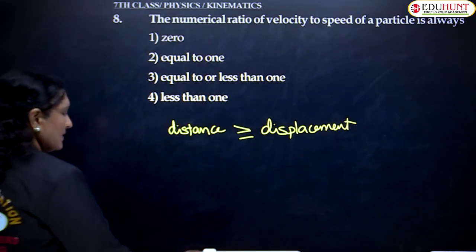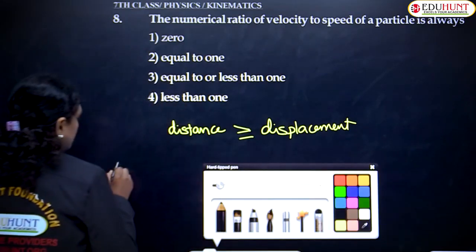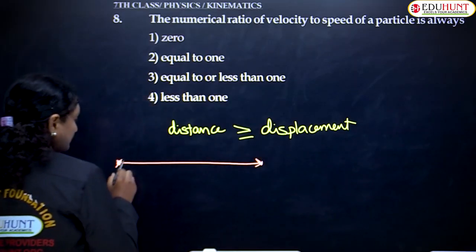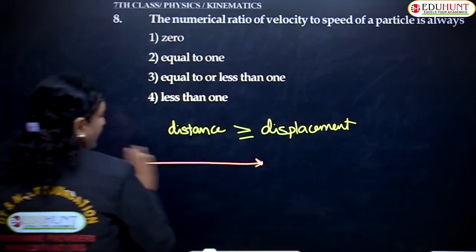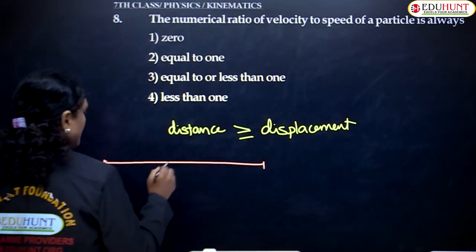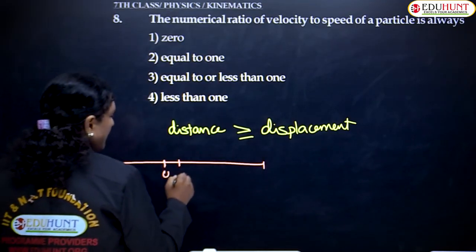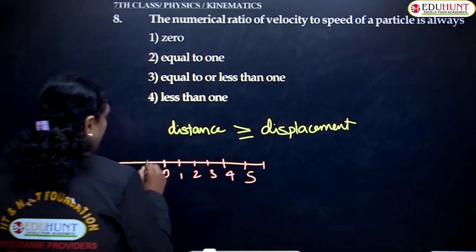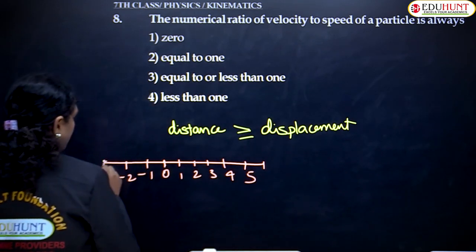Let me explain clearly with an example. Suppose a person is here, he moves from here to here. I'll explain with a number line. Case 1: 0, 1, 2, 3, 4, 5, minus 1, minus 2, minus 3.